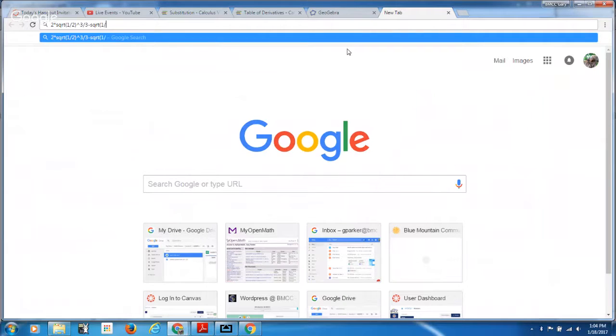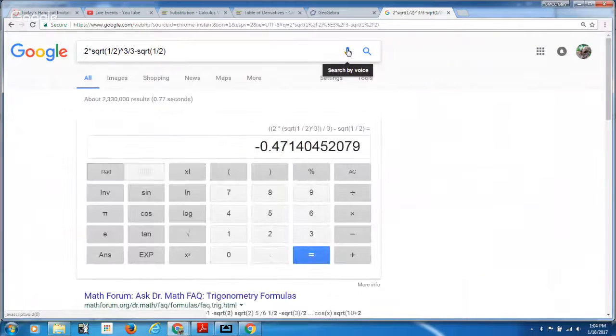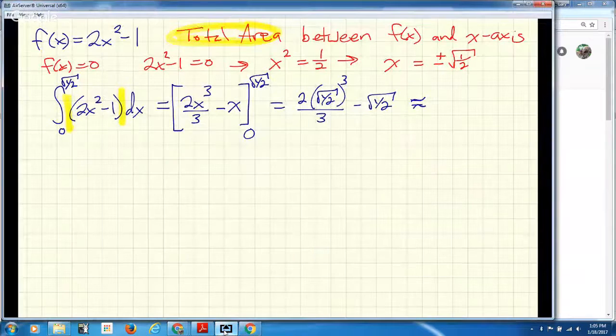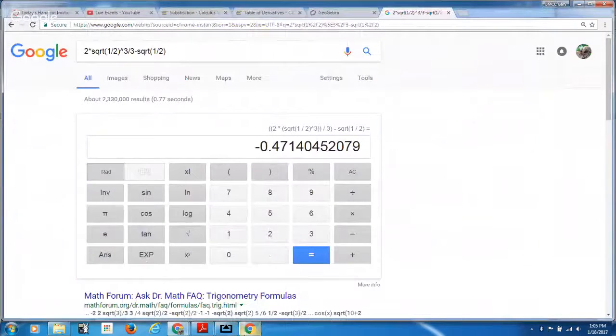So I should get a negative answer. And there it is. So the area there seems to be negative, which makes sense because the x-axis is above, the function is below. So I'm getting approximately, and this is the exact answer to some version of what I have to the left over here. Okay, so negative 0.4-ish. That was the ish part again. 47.